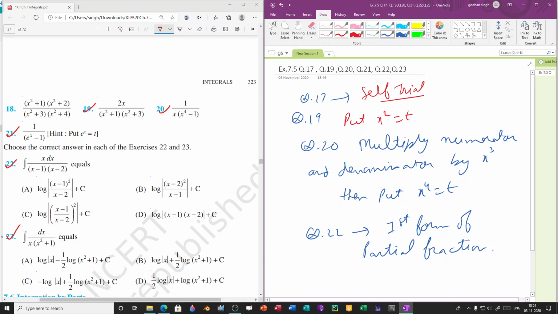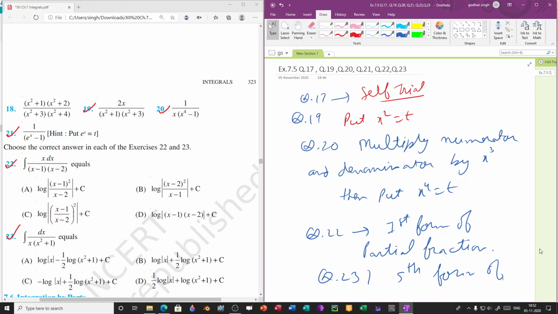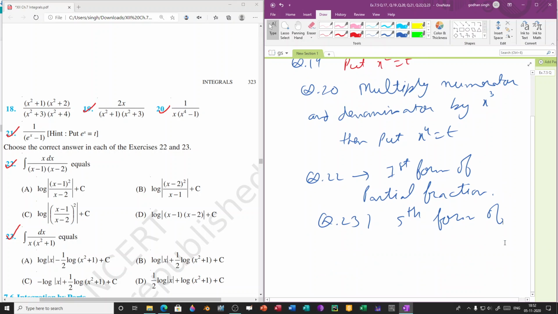That is of the form px plus q over ax plus b into px square plus qx plus r, where px square plus qx plus r cannot be factorized further. So it is of that form. So that is the fifth form of partial fraction.